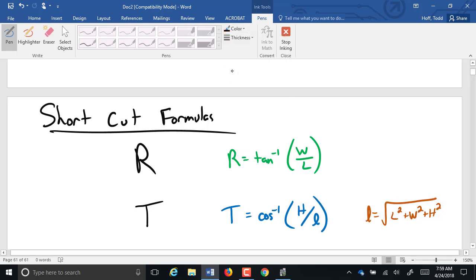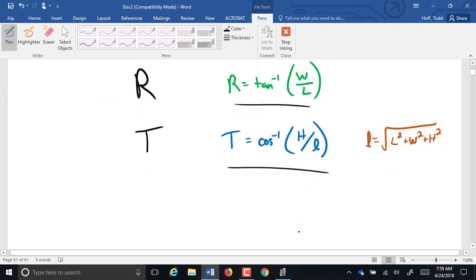I'm not big on memorizing formulas. If you look at these, you can see these shortcut formulas are just what we did up above. But if you need them, they are there to fall back on.